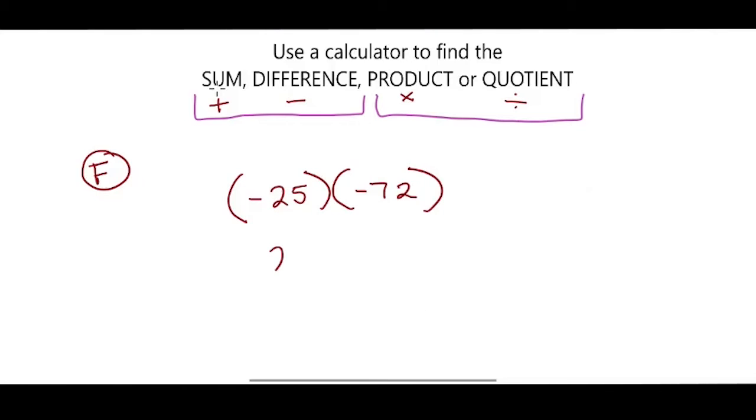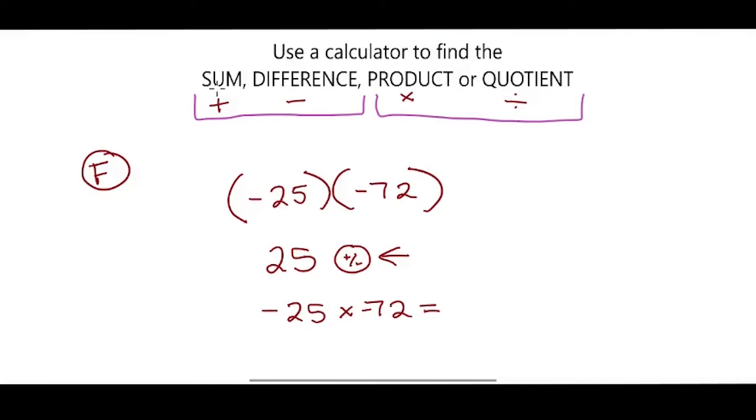So let's say we have negative 25 times negative 72. First, you punch in 25 into your calculator, and then you hit the button that looks like this with a plus slash minus, and that's going to make it negative 25. Now remember, two parentheses set up like this means multiplication. So it's going to be negative 25 times negative 72. You punch in 72, you hit the plus or minus button, and it'll make it negative 72.